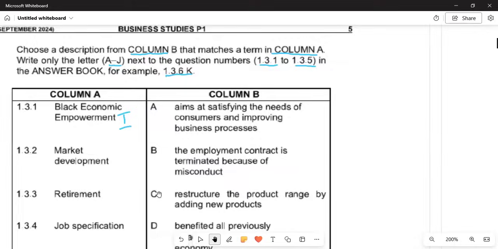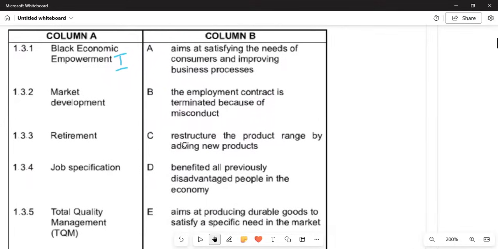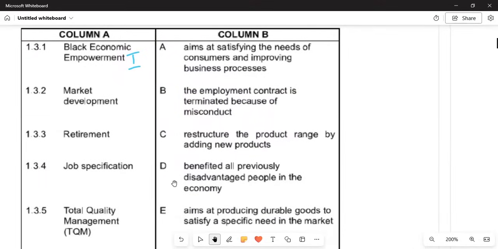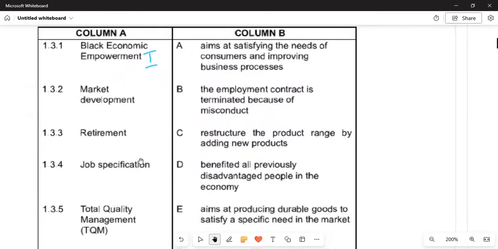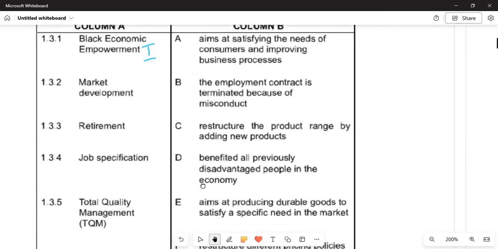Now we are coming to market development. When you talk of market development, we are talking about where the business wants to enter new markets, trying to expand its customer base. So now let's see.